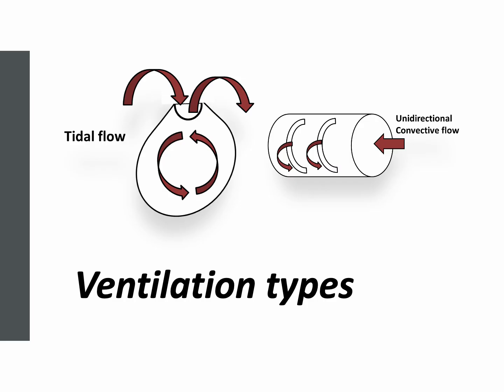Ventilation, on the other hand, is a term used to describe the physical movement of air or water across a surface. So when we talk about breathing, that's the physical movement of air in and out of your body. That's ventilation. That's what breathing is.